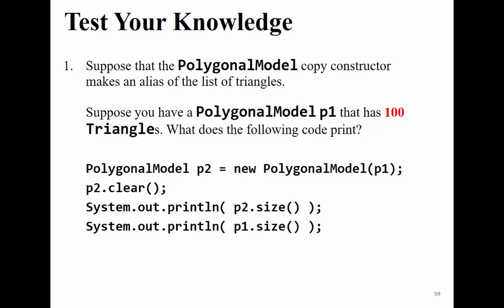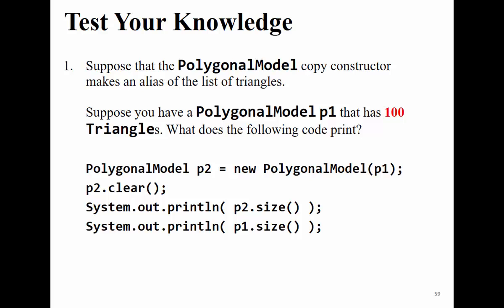Any suggestions? Okay, I will try to help you. So we have a polygon model that uses a copy constructor, and the copy constructor does aliasing. Aliasing means sharing. Okay, so this is an aggregation relation.